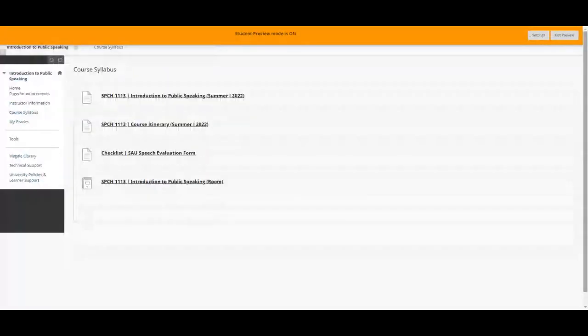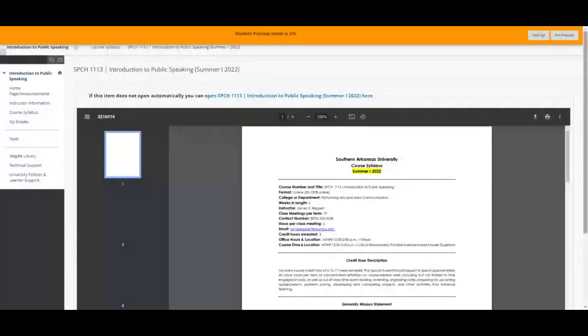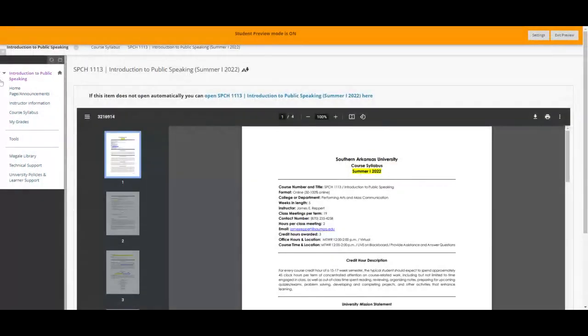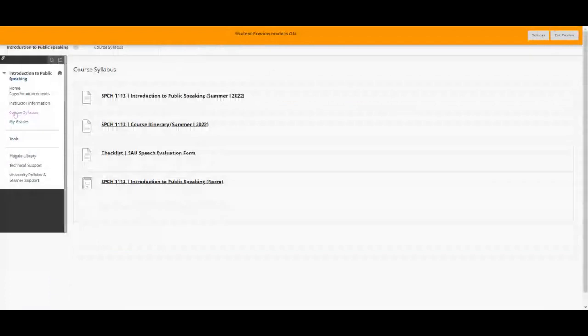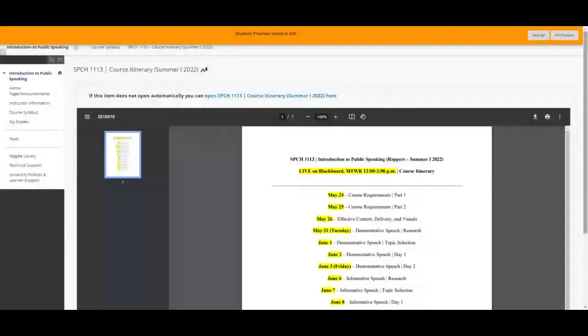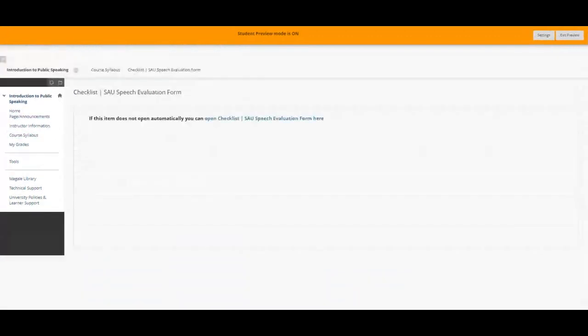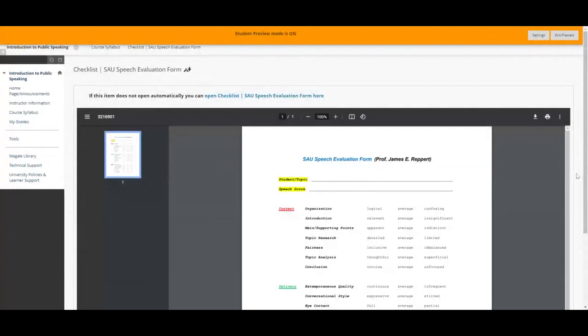So in the course syllabus area, we have looked at the syllabus itself, 4 pages, and under the syllabus area, we have looked at the course itinerary, which brings us to the third area of the syllabus, which during the summer will be unofficial.